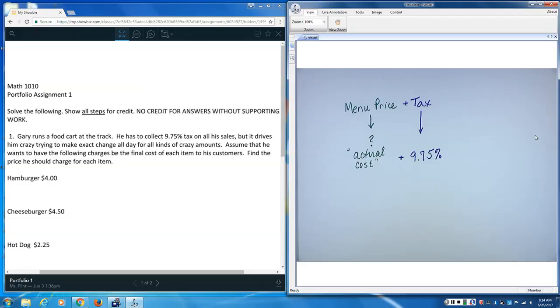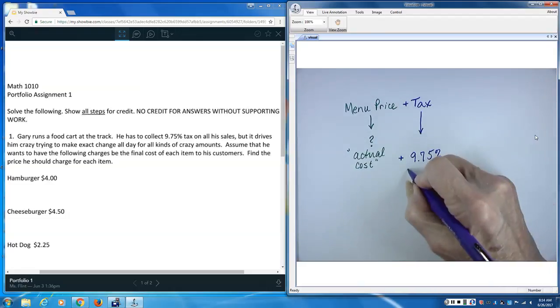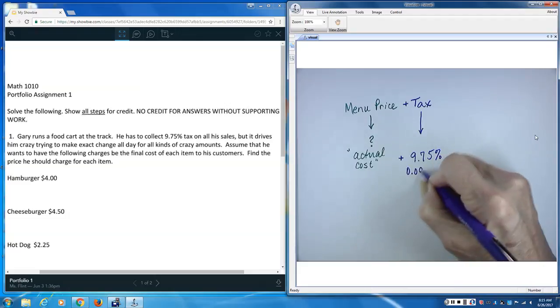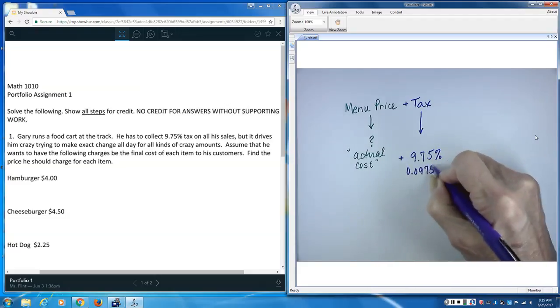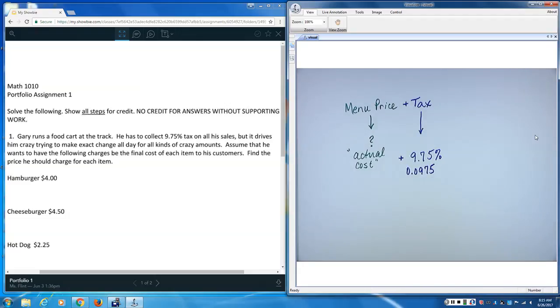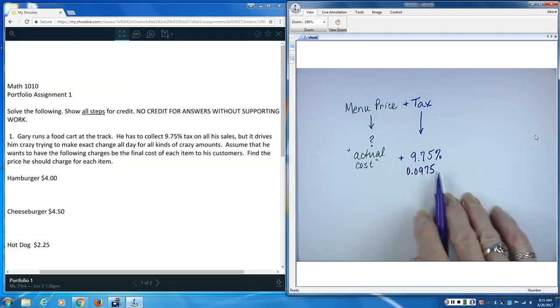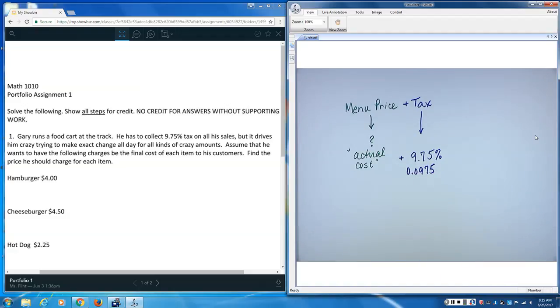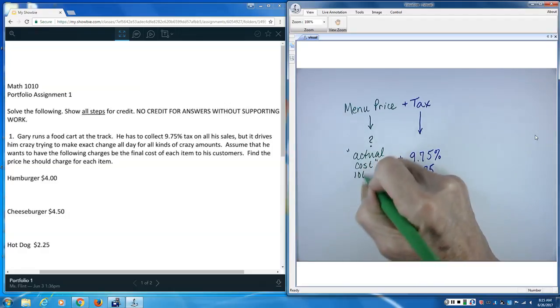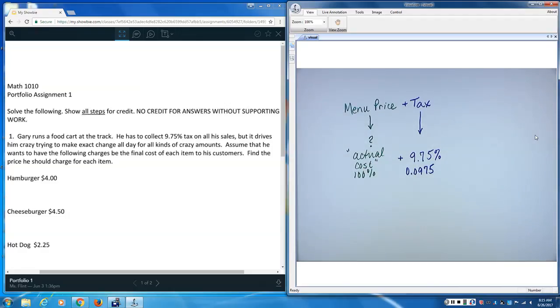And that sales tax to be applied, first of all, has to be changed to a decimal. Everybody's doing that right. But that's 9.75% of the actual cost. And that actual cost is 100% of the cost before tax.